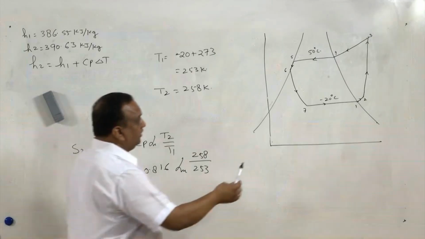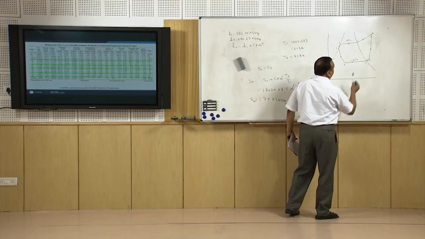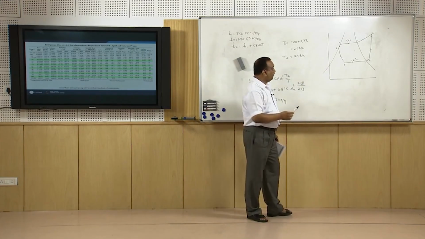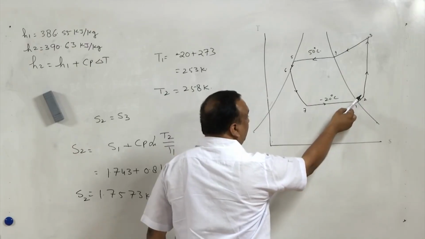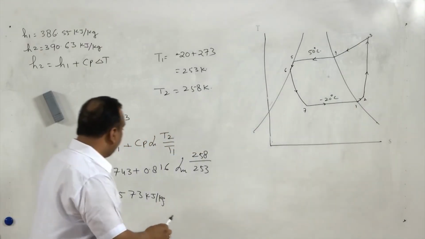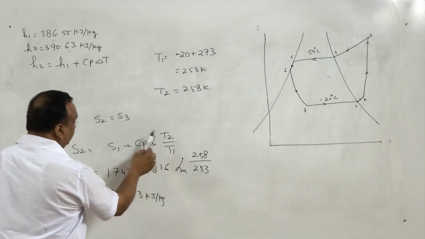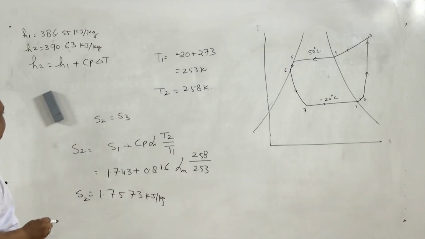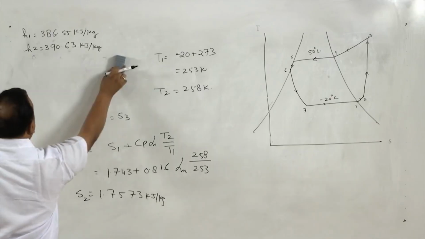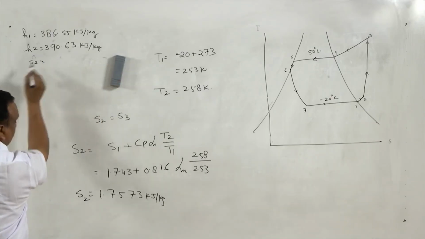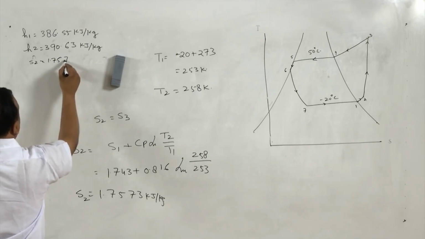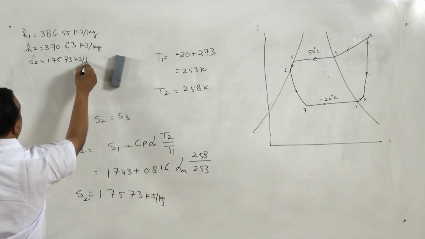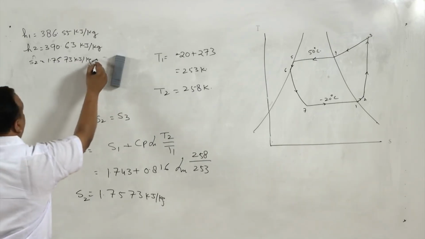So, from here we have calculated the entropy at state 2. And how have we calculated? We have taken the entropy at state 1 from the properties chart plus change in entropy, Cp natural log T2 by T1. Using this relation, we have calculated the entropy at state 2, and entropy at state 2 is 1.7573 kilojoules per kg Kelvin.